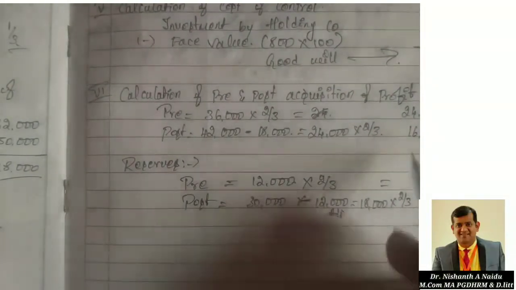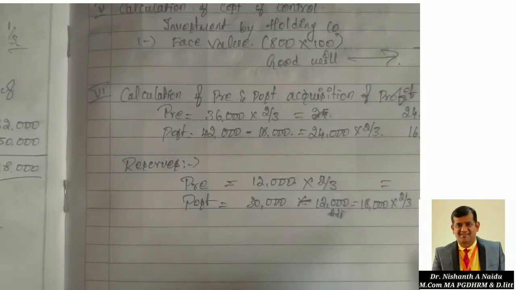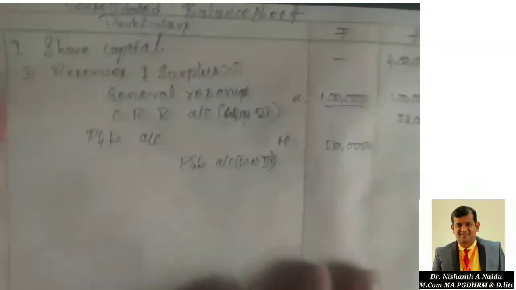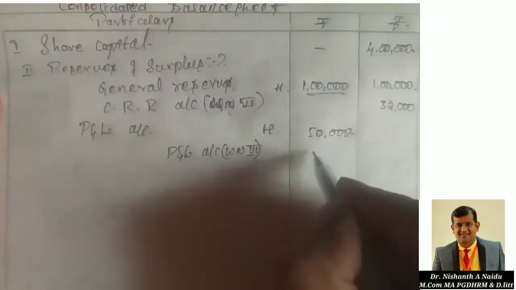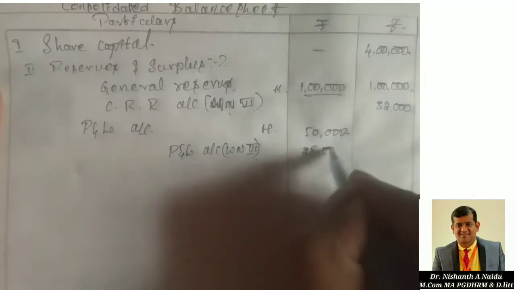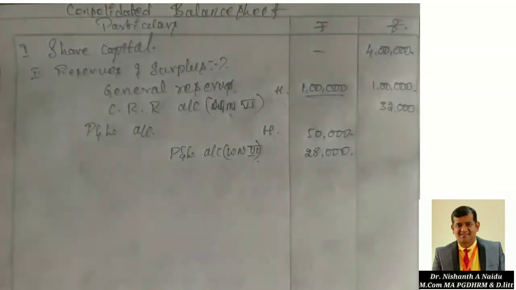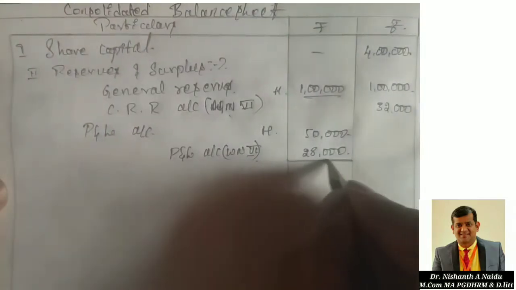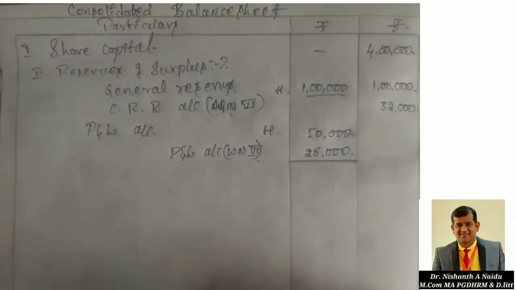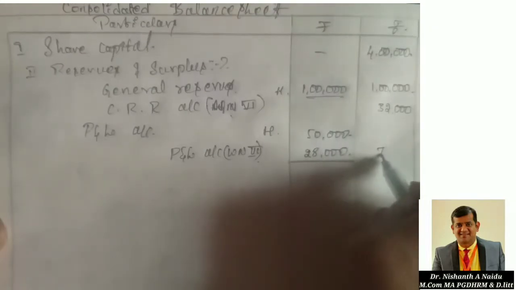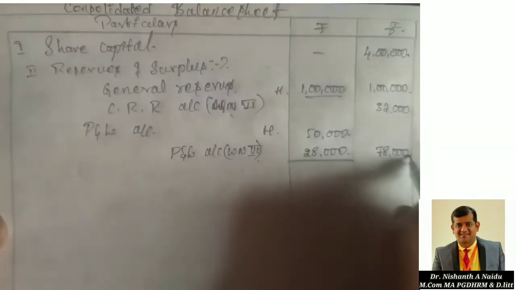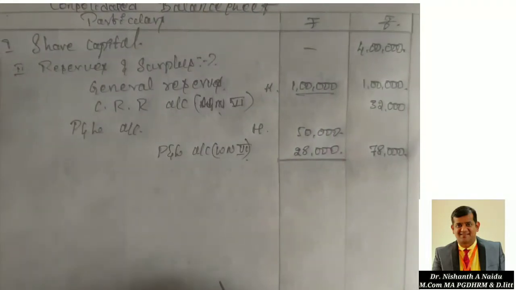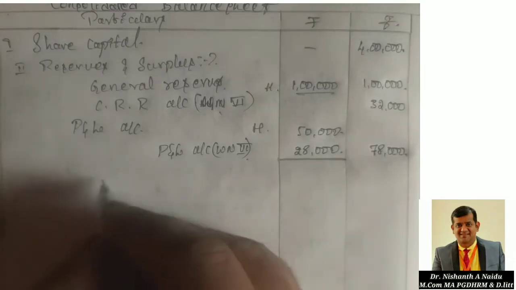So 16 plus 12 is 28,000. Add this 28,000 together and total it, put it in the outer column: 78,000.